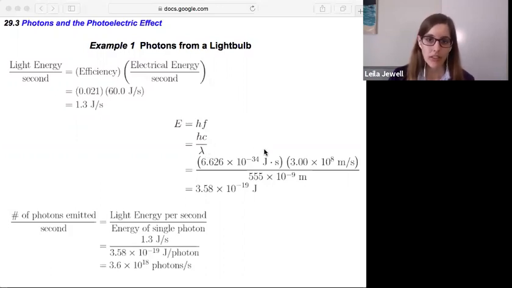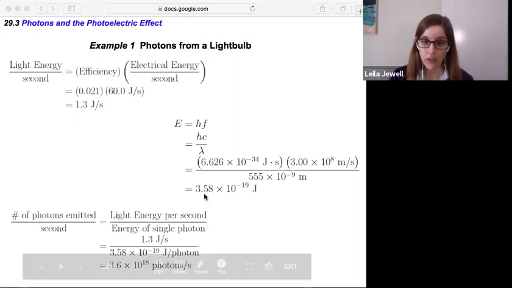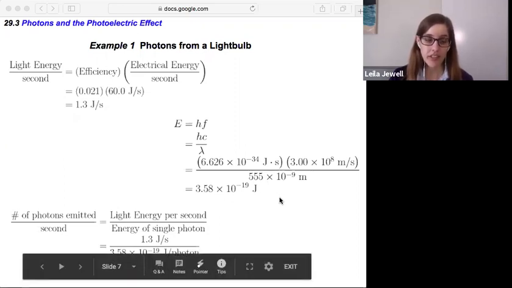Now we can plug in. Planck's constant is given to us. The speed of light is a constant, 3 times 10 to the 8 meters per second. And then that wavelength, 555 times 10 to the negative 9 meters. And so that comes out to an energy of 3.58 times 10 to the negative 19 joules.